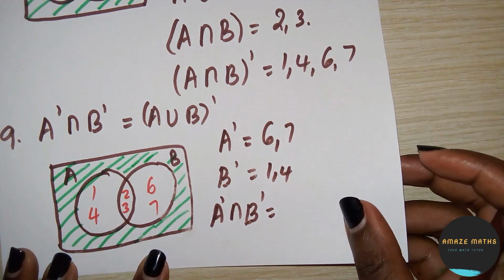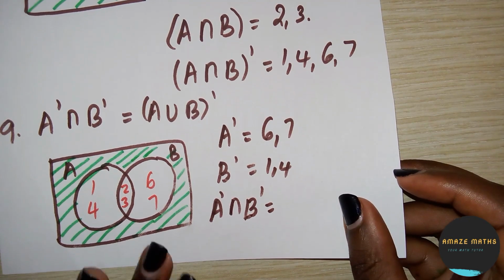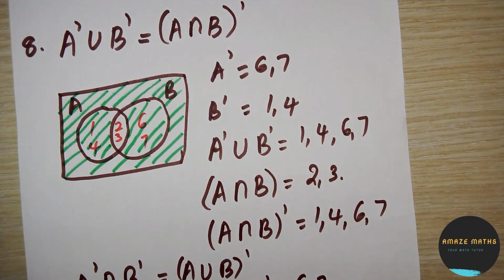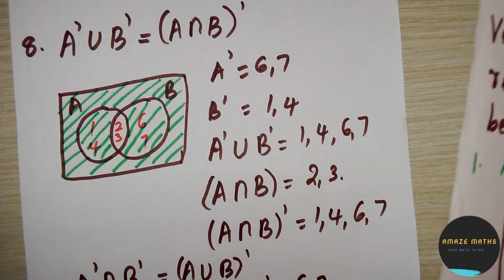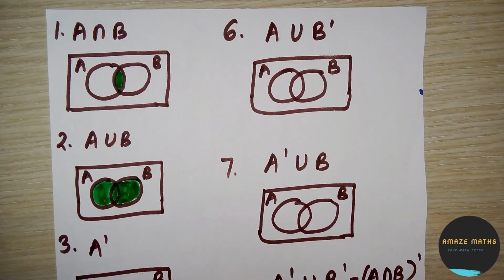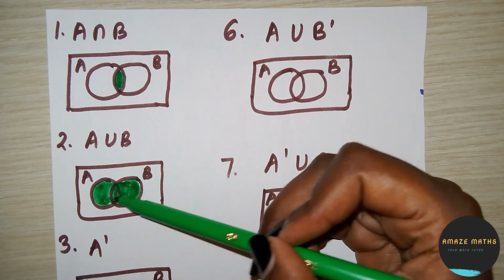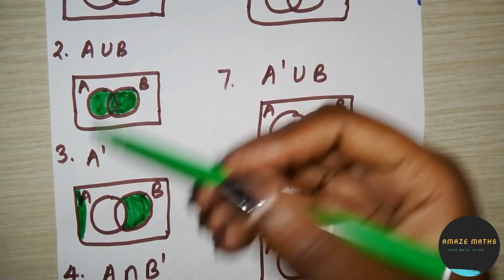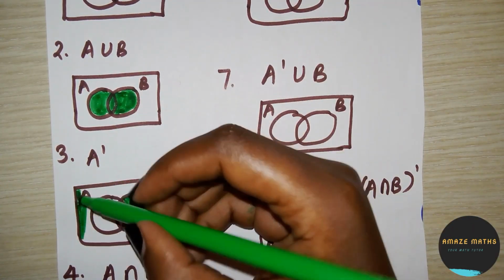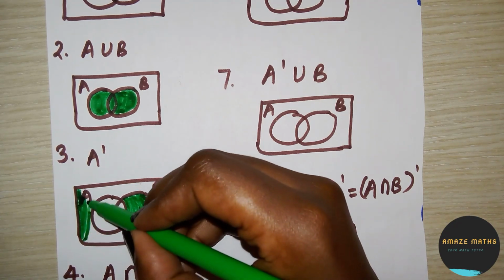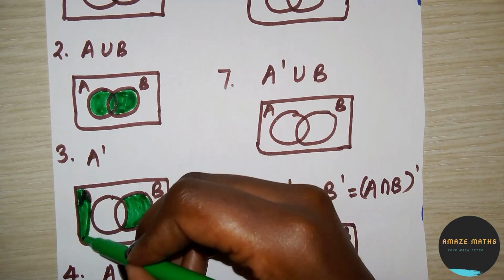Okay, so that's it. Let me now compile the whole thing again. I want to draw it again, and then I'll share with you. In summary, intersection would be that region, union would be both sets. Then complement of A, we need to shade out the outside part as well.